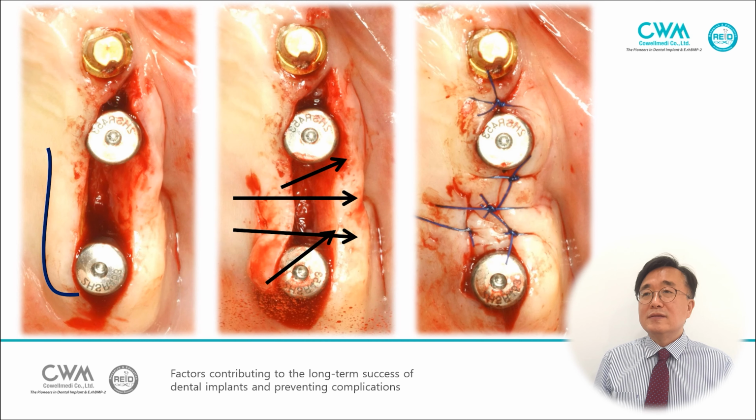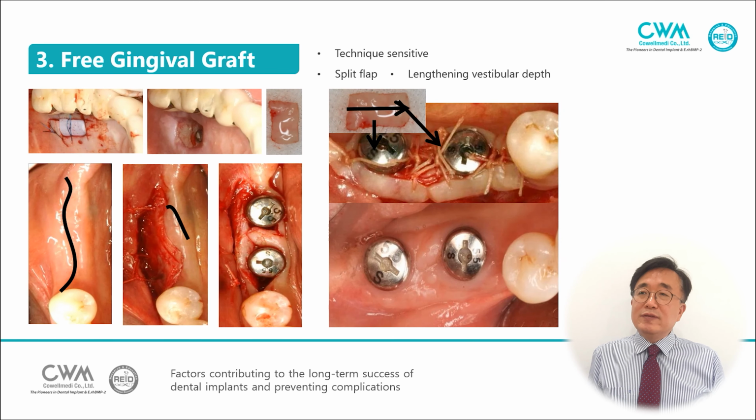And here, the palatal side gingiva is incised and the flap is rotated and sutured. In the mandibular molar side, there is an atrophic ridge, so there is no attached gingiva.